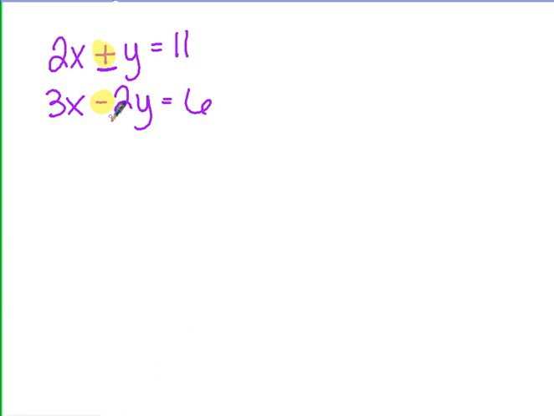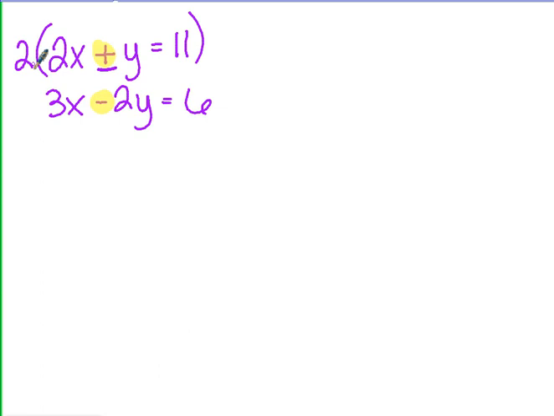Now I need my coefficients to be the same. In the bottom equation, I have 2y. In the top, I have 1y. If I change the top equation so that there's a 2y, I can solve by elimination. Now, how do I make this a 2y? Well, if I multiply the entire first equation by 2, that's going to change my y into 2y.